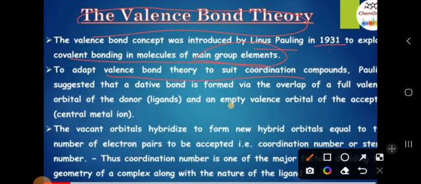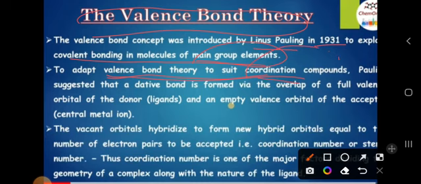If you take carbon, the atomic number is 6 and the valency is 4. How is valence bond theory related to coordination compounds? What do you mean by coordinate bond or coordinate covalent bond? Here we are speaking about covalent bonding, so the coordinate covalent bond is also forming.